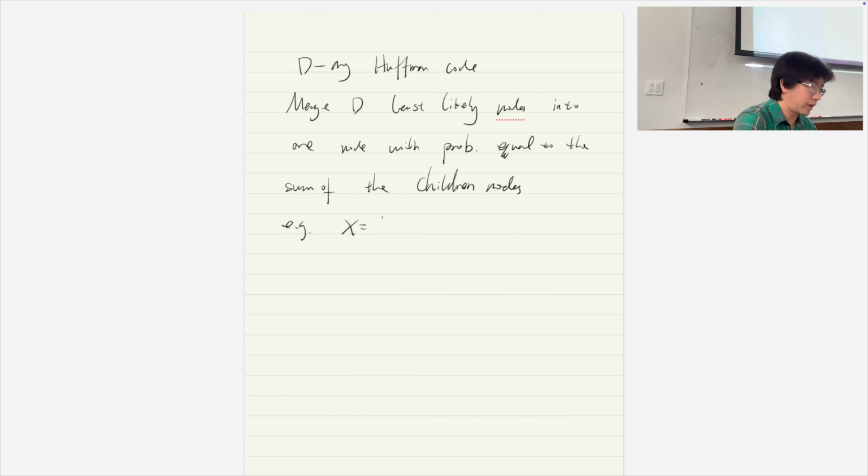Let's quickly see an example. Let's say we have 4 symbols, and now let's consider 3-ary codes, so the code symbols are 0, 1, and 2 instead of just 0 and 1. The probability vector is 0.5, 0.3, 0.1, 0.1. Here D is 3.